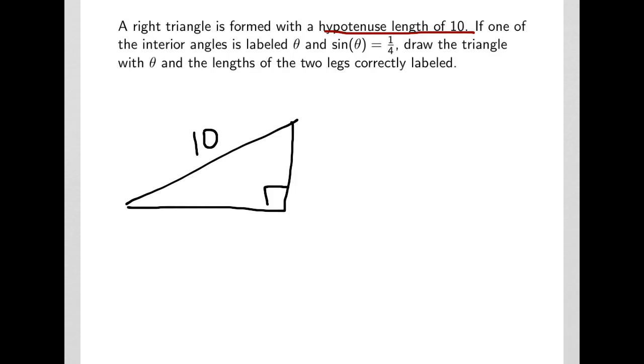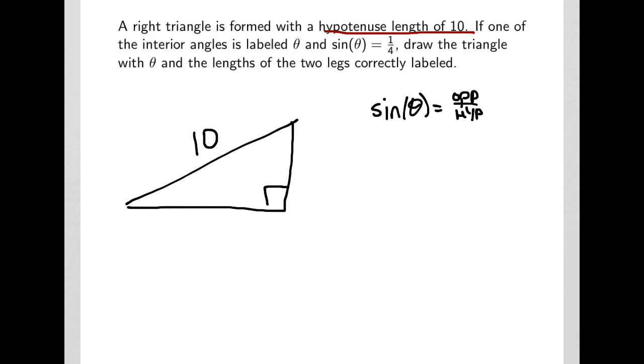We want to label one of our interior angles, and it says that the sine of the angle is 1/4. So this tells us, remember that the sine of an angle is the opposite over the hypotenuse. So the opposite is 1/4 the length of the hypotenuse.